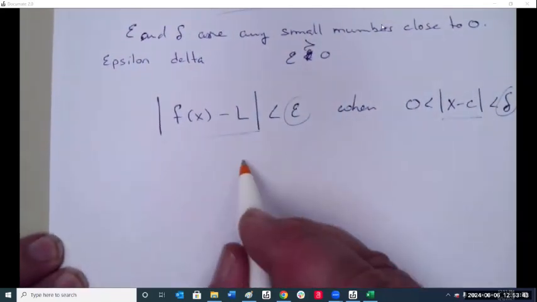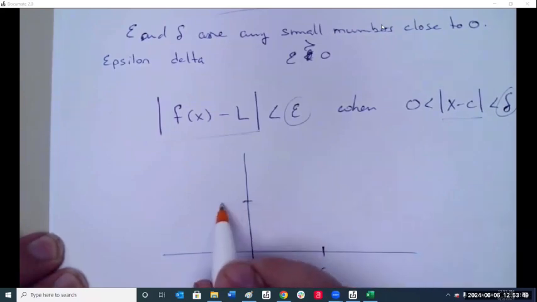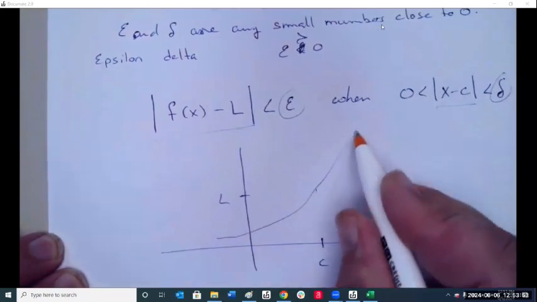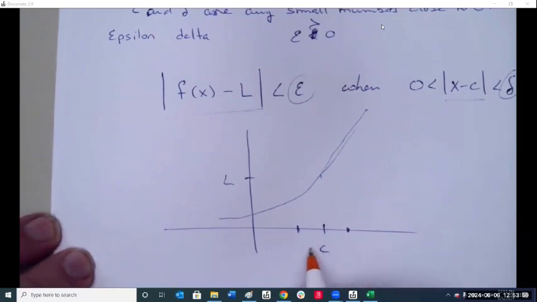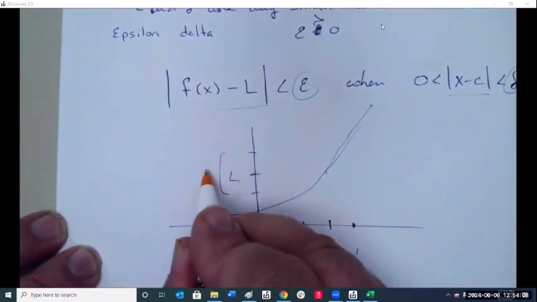Now, what does this represent? This is delta, and this is epsilon.